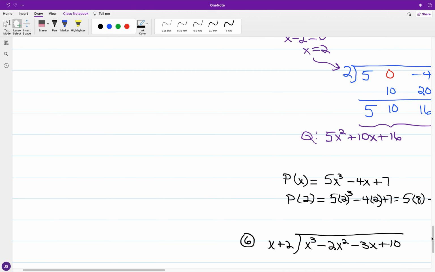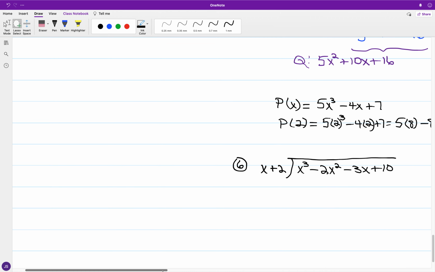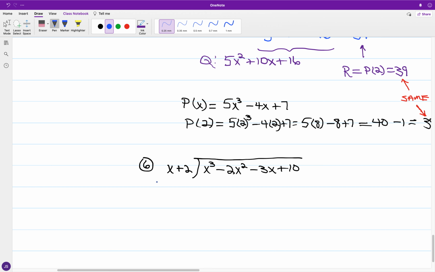In this problem, let's look at translating from the long division setup to synthetic division. For x plus 2, if x plus 2 is equal to 0, then x is equal to negative 2. So you have negative 2, and I have 1 for x cubed, negative 2 for x squared, negative 3 for x, and plus 10.